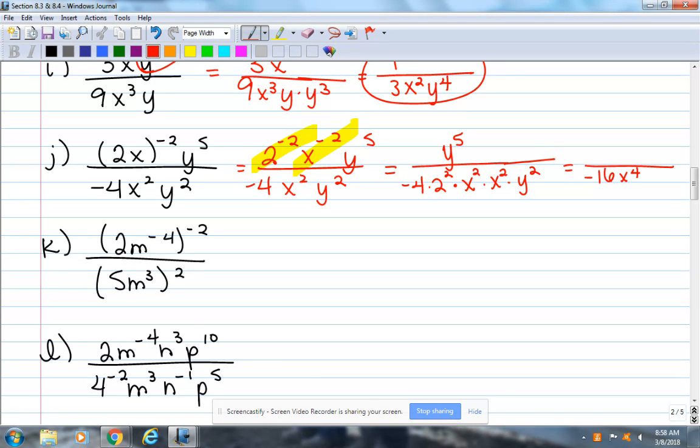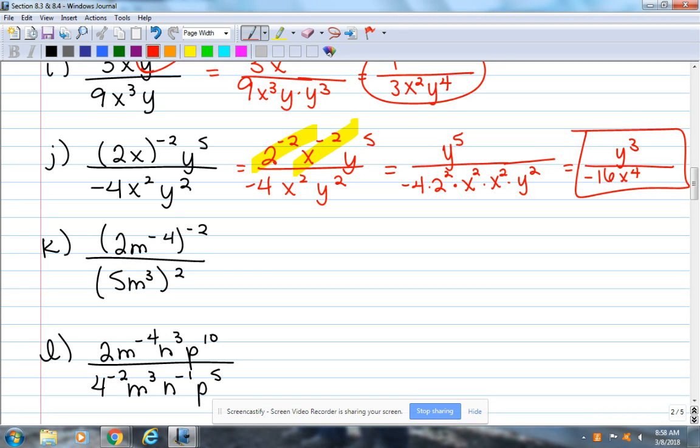Y to the third. Top or bottom for y to the third? Why does it go on top? The big kid's on top. Y'all forever remember that. Big kid gets leftovers. All right, any questions on J?